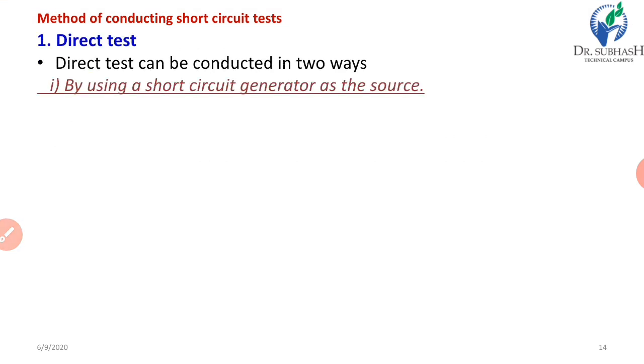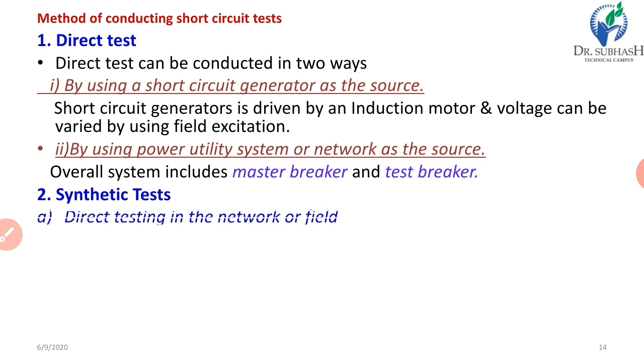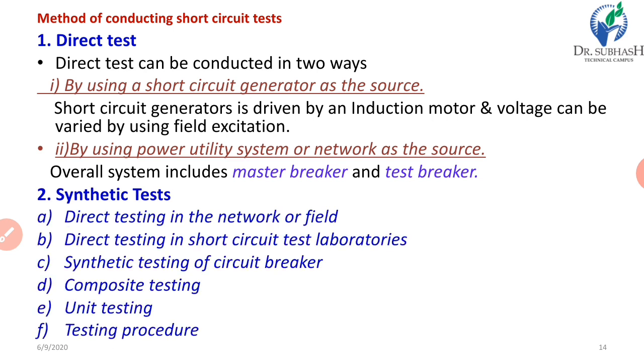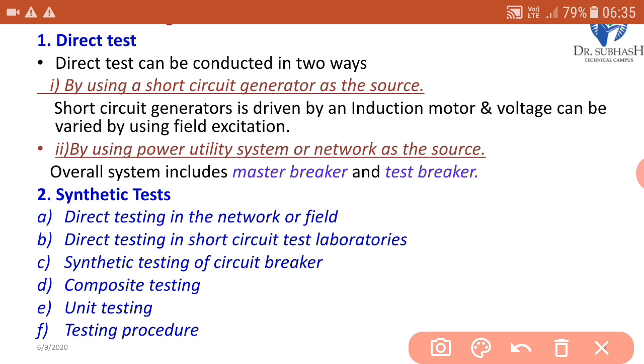Now, methods of conducting short circuit test. So there are different methods. First one is direct test. Direct test can be conducted in two ways. By using a short circuit generator as the source. Short circuit generator is driven by an induction motor and voltage can be varied by using field excitation.